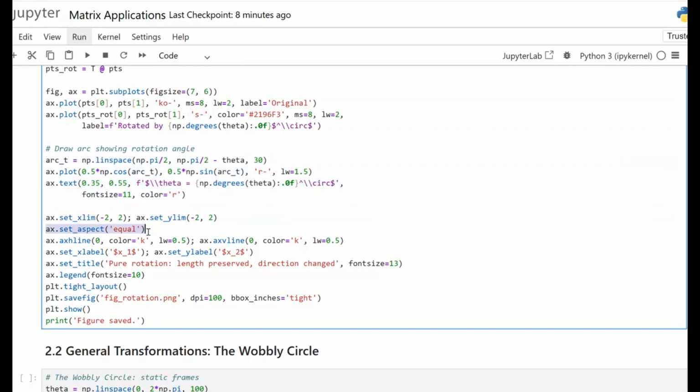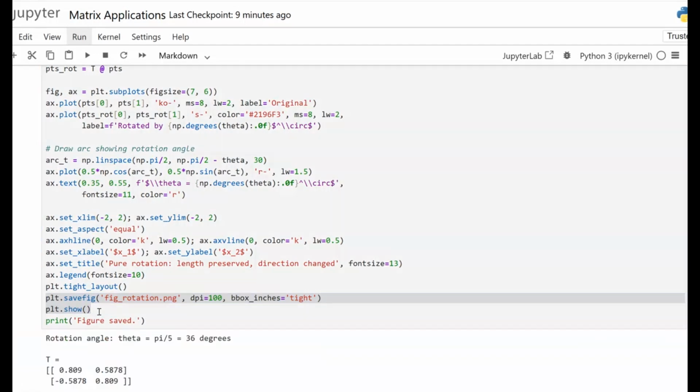Equal scaling ensures geometric accuracy, and axis lines emphasize the rotation about the horizon. Here is the title, and we save the figure, which saves this visualization. Let me execute and see the output.